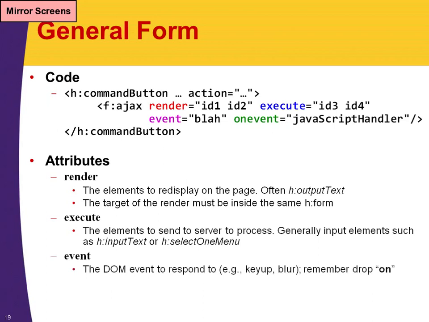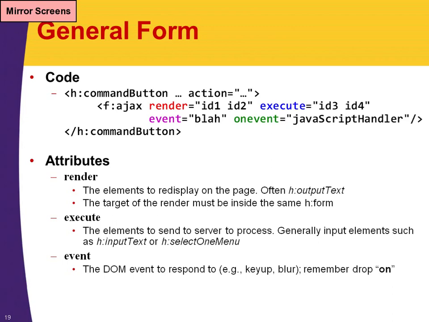And don't forget, if you use the PrimeFaces version of this, then they don't use the terms render and execute. They use the terms update and process. Okay, but it's the same thing in that case. Then there's the event. In this case, the events are the JavaScript events and a couple of others.